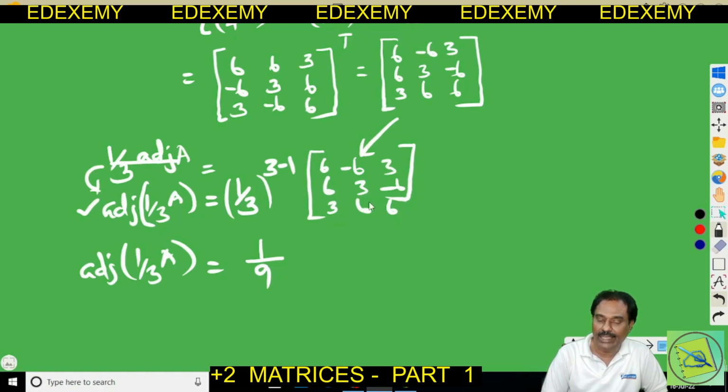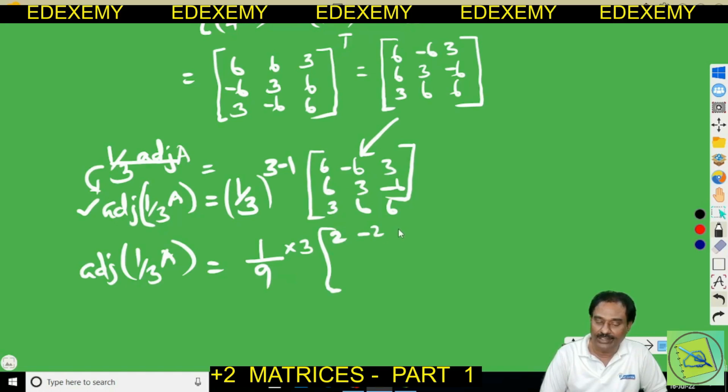Okay. Now, if you notice, there is a 3 in all these elements. You take that 3 outside. How to take a constant outside of a matrix? It should be there in each and every element. If we take 3 outside, the first element will become 2, since 2 into 3 is 6.